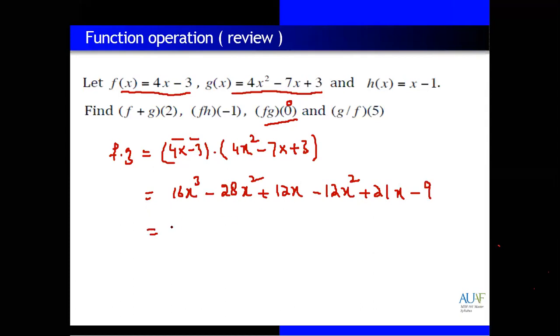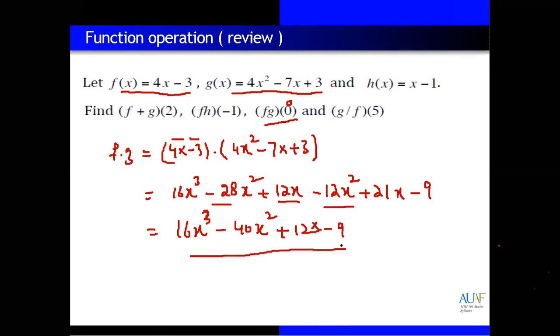Now you can simplify. 16x cube, then minus 28 and minus 12. Both are minus, so 28 and 12 together equal minus 40x square. Then 12x minus 9. The 12x is separate and minus 9 is separate, because 9 doesn't have an x value, so you cannot add it with 12x.